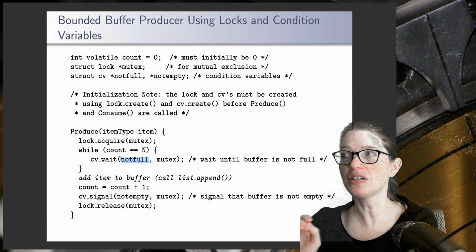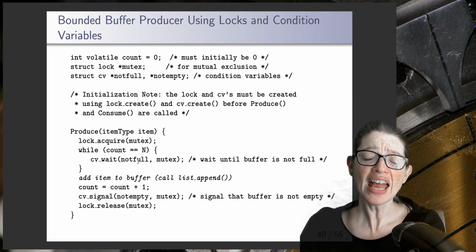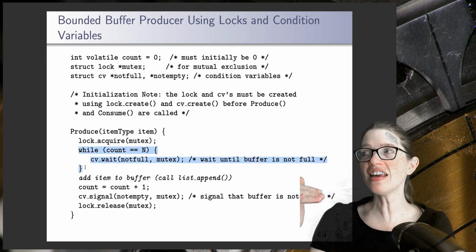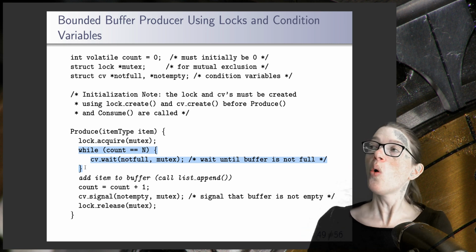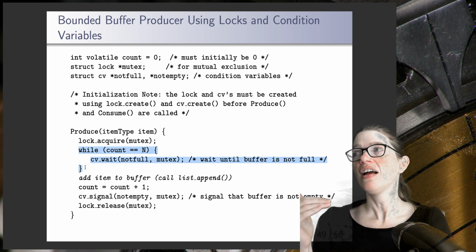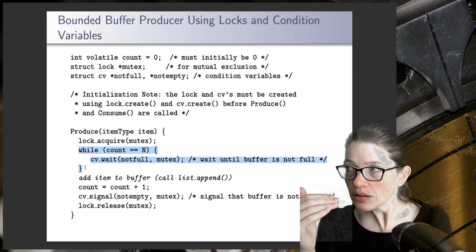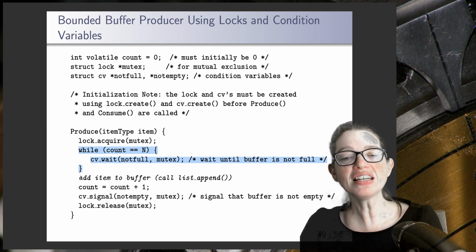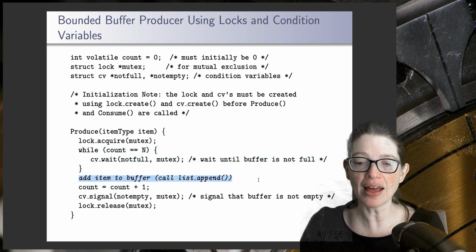So I am waiting for count to be less than n. Now remember, even though this is in a while loop, this is not actively spinning. We check the condition, we fall asleep. When the condition changes, we wake back up and we have to validate that the condition is still what we want before we can proceed.